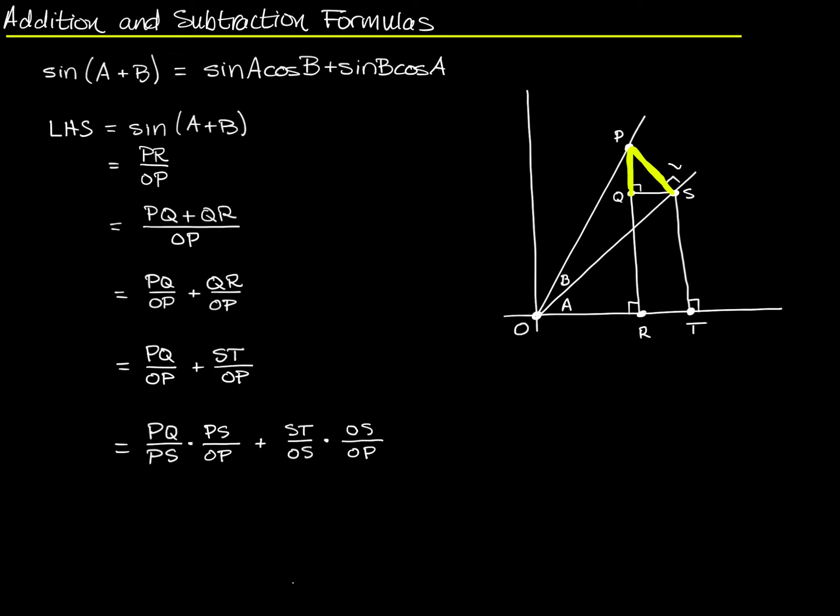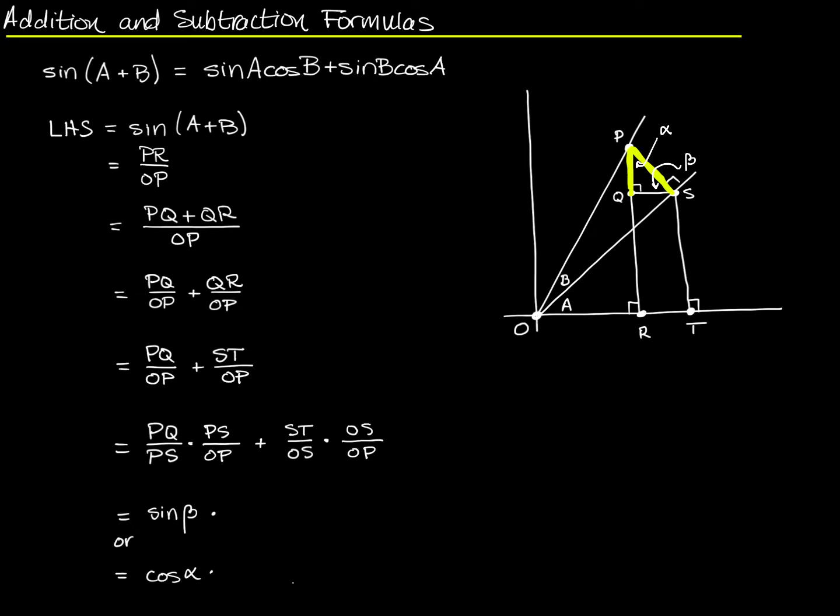So I'm going to give these angles some names. I'm going to call this one alpha and this one beta, because I can now either think of this as PQ over PS as the sine of angle beta or as the cosine of angle alpha. I can choose whichever one of those I want.